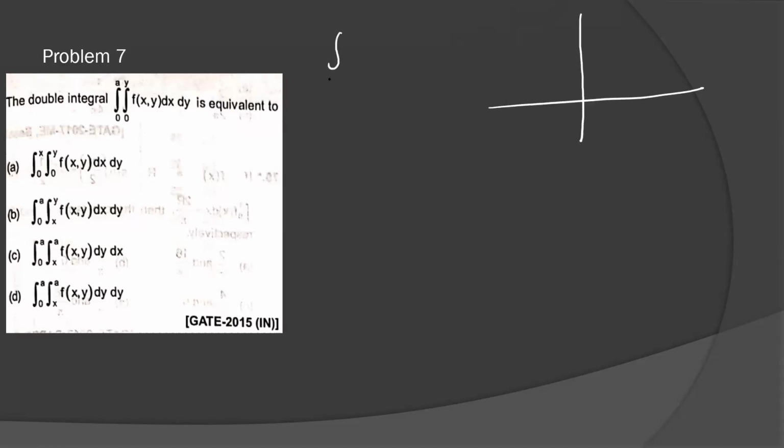The integration is given as 0 to a and 0 to y, f(x,y) dx dy. Can you identify which is the limit of x and which is the limit of y? This limit is in the form of a variable in terms of y, so it must be the limit of x. So y will be the constant limit. X is from 0 to y.